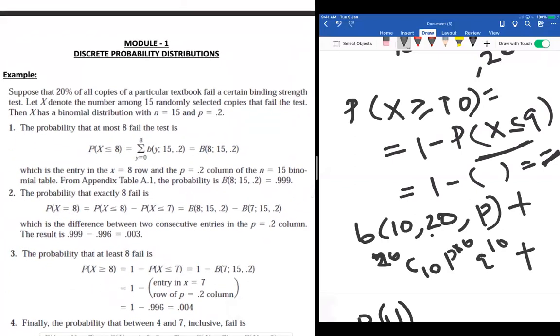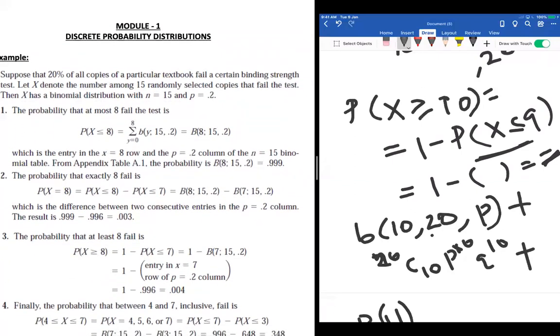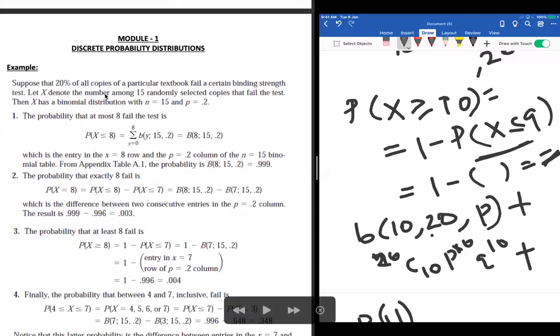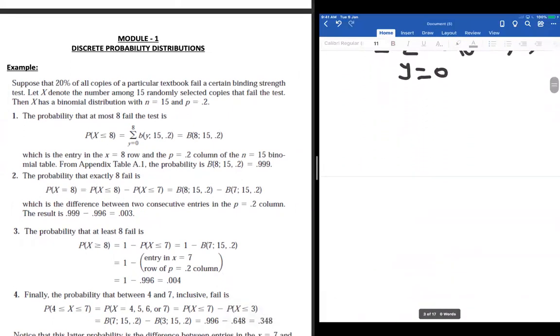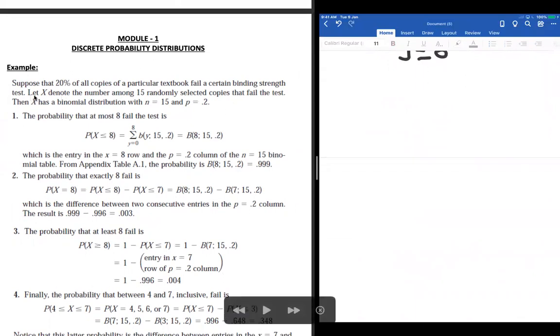For example, suppose that 20% of all copies of a particular textbook fail a certain binding strength test. Here, success means the textbook fails the binding strength test, so the probability of success is 0.2.